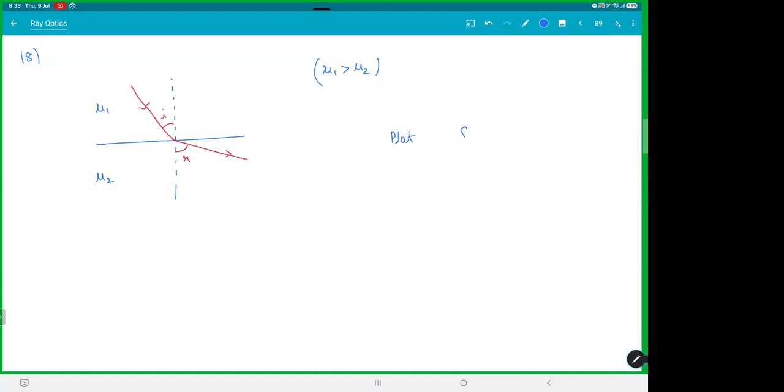Plot the graph between deviation versus I. You know the deviation, right? In this scenario, the light ray would have gone straight, but it has gone this way. So this is delta.